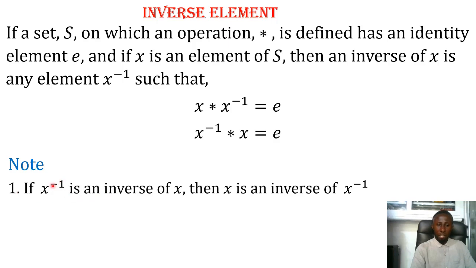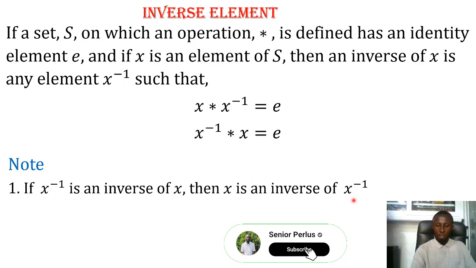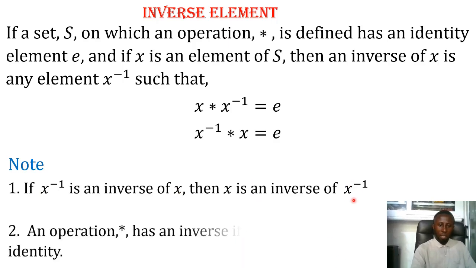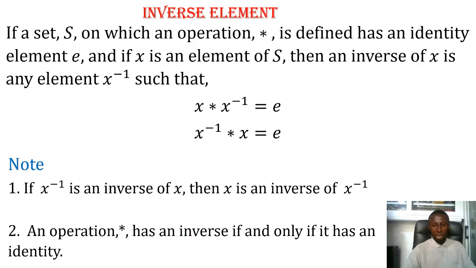If S to the power -1 is an inverse of S, then S is an inverse of this. Just take note of that. An operation star has an inverse if and only if it has an identity element. That's what I said earlier.